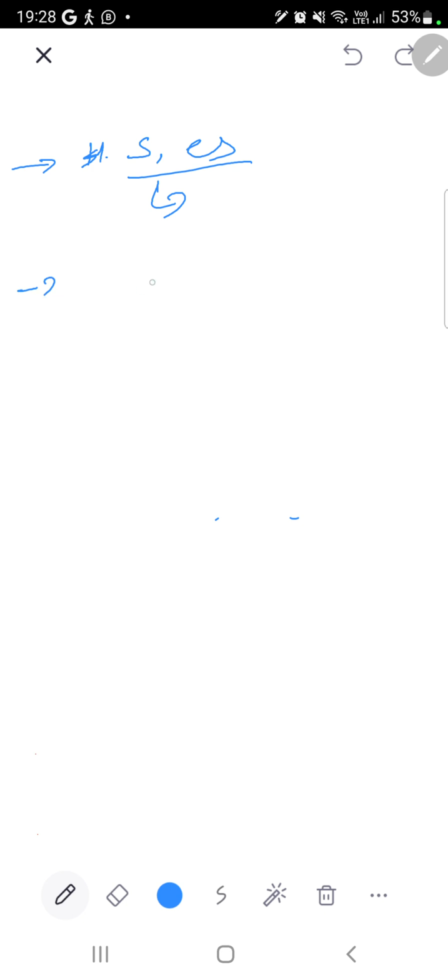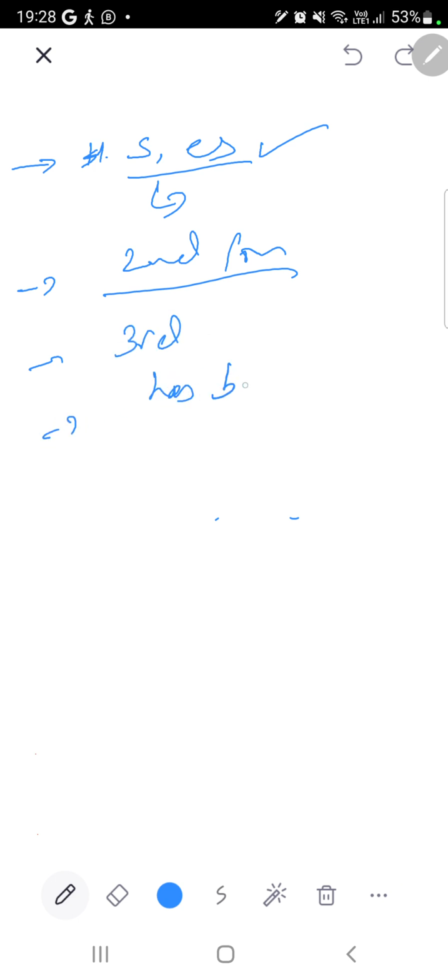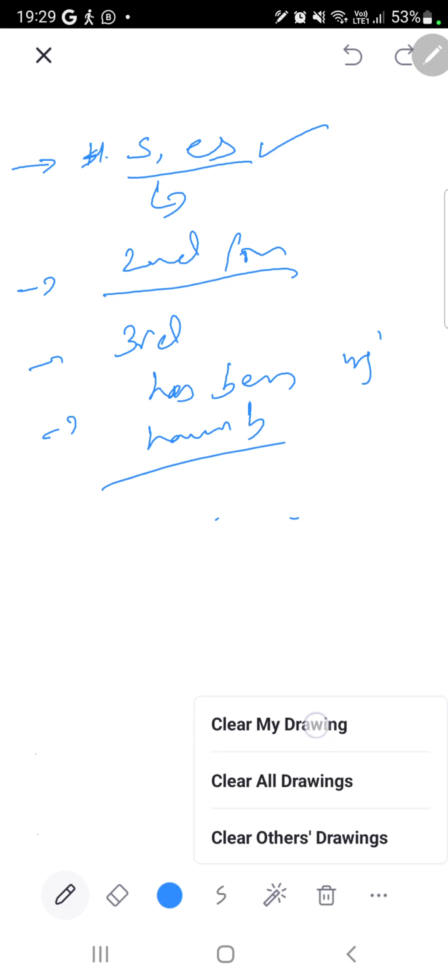And for the past simple, we can use the second form of the verb. For the present perfect, we can use third form with has or have, and has been or have been with ing form in the present perfect continuous tense, right? General rules that we can discuss in your grammar portion.